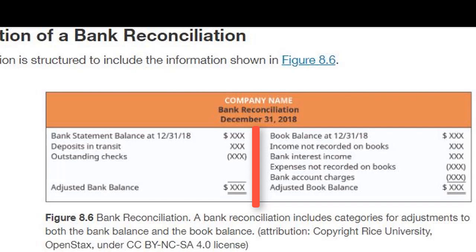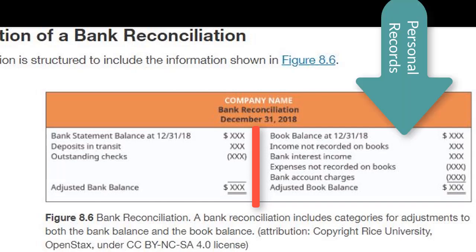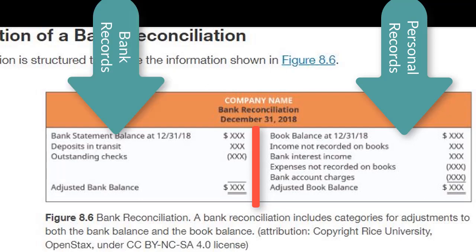Well, you have a bank account. It is, in this case, a checking account. And every once in a while, you log on to the website to look at how much money the bank says you have in your account.